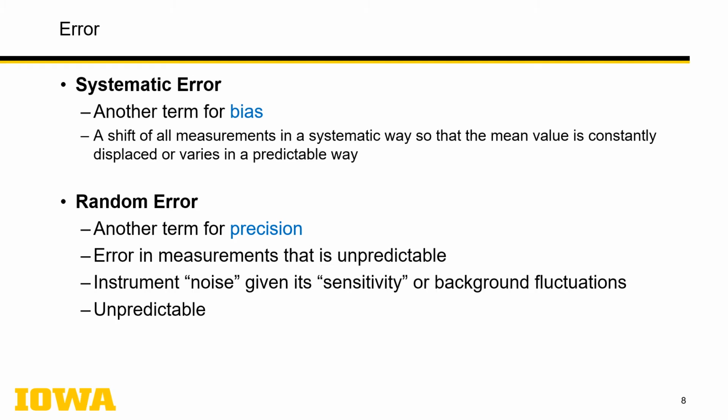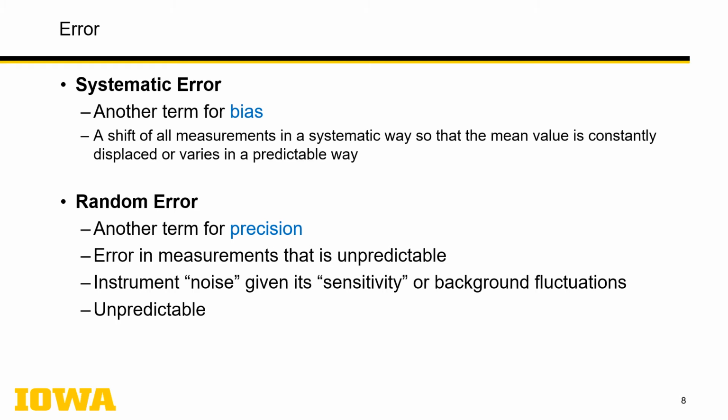Okay, then there's also this concept of random error, just the way it sounds. It's another term for precision, right? As we discussed, standard deviation is a kind of estimation of randomness about a mean. So this is the error in measurements that is actually unpredictable. Because of its randomness, you never know whether you're going to be a little bit negative or a little bit positive from your average over time.